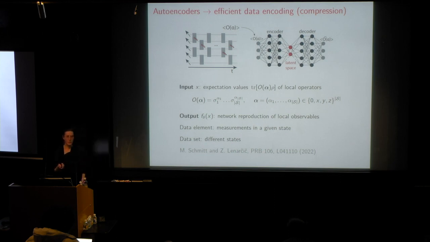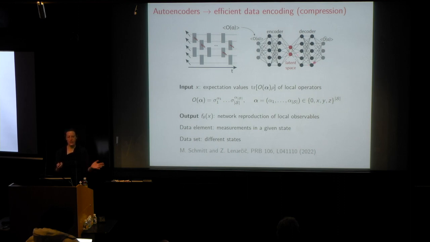For that purpose, we thought of autoencoders, because they can characterize the intrinsic dimension of the data and provide a compact, compressed representation. What an autoencoder does is take some initial input and try to reproduce it by going through a bottleneck.